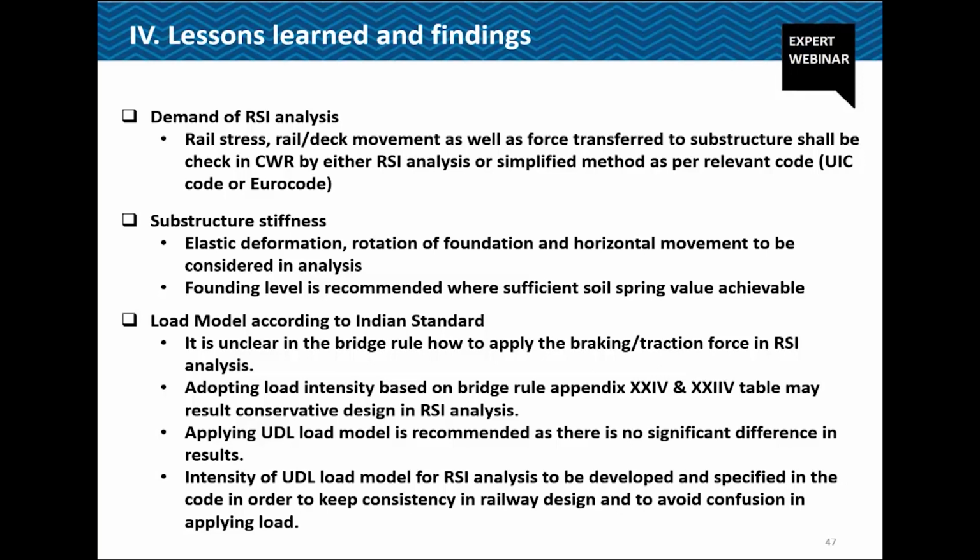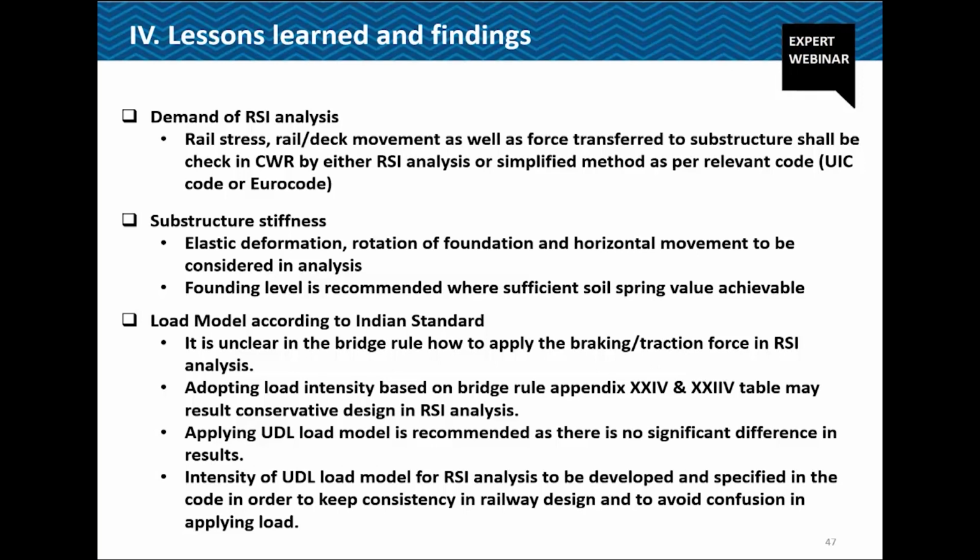And finally, the load model is, I would say, quite clear in the IRS code, but it's unclear how to apply the braking and traction force in RSI analysis. It's very clear: 25% of the loco and 13.4% of the gondola.